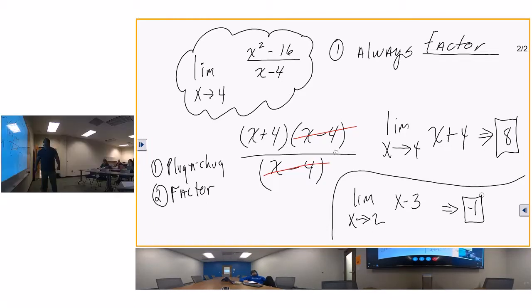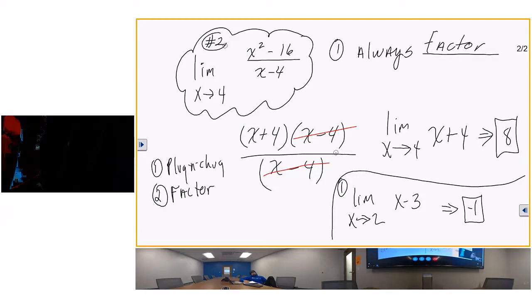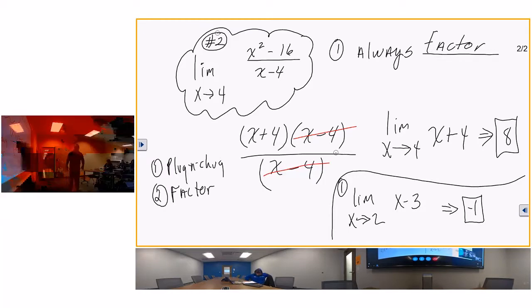That's number 1. This is number 2. What tells you it's a number 2? Factoring. The x minus 4 on the bottom: if you plugged in 4, what would it give you? An undefined function. Undefined is not good enough. You're going to have to go further. So that's when it tells you that you have to factor.